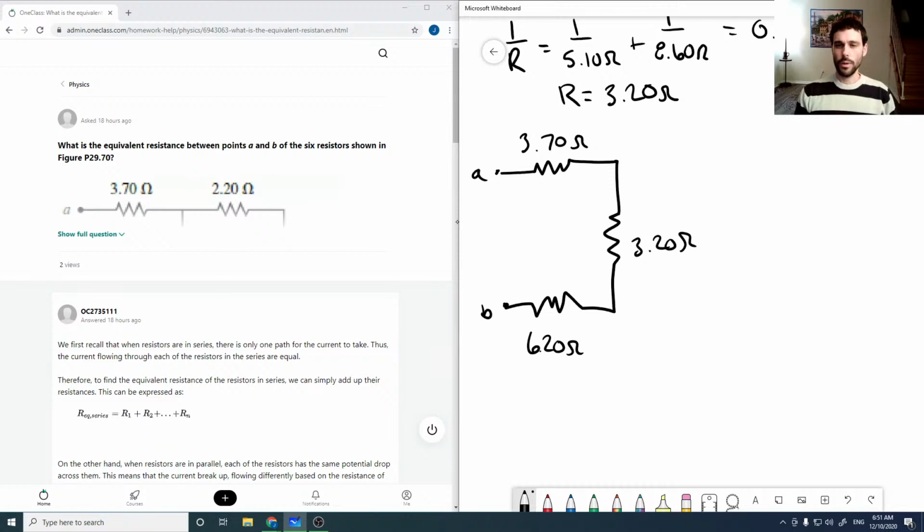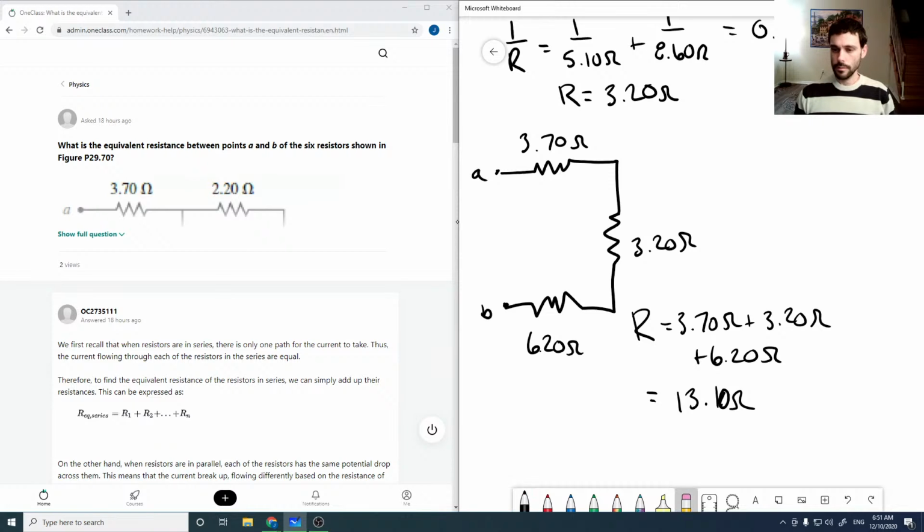And now we just have three resistors in series, so our R is just 3.70 plus 3.20 plus 6.20, which comes out to be 13.1 ohms. 13.10, I guess, in retrospect.